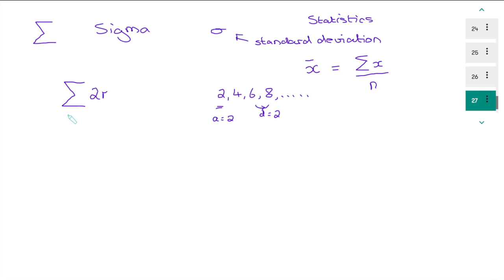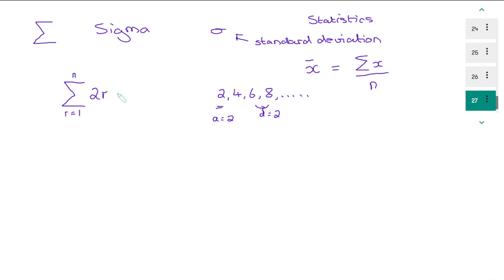And the reason I'm going to do that is because I'm going to put here the limits. So at the bottom of the sigma, we say what's the first value of r we want. So in the case of the sequence we just wrote down here, where the first number is 2, then r needs to be 1 in order to get that first number. So we say it's the sum from r equals 1 to, well, let's sum the first n terms, because that's what we've got our formula for, sum from 1 to n of 2r.